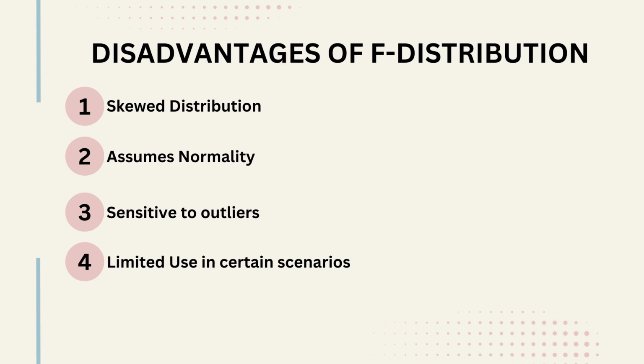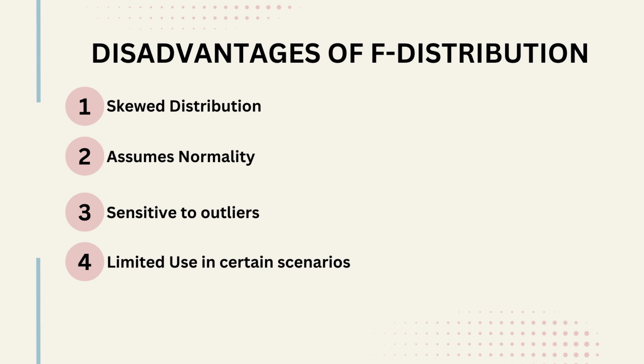There are some disadvantages to the F distribution. Skewed distribution: the F distribution is skewed, which can make interpretation difficult, especially for small sample sizes. Secondly, normality assumption. It assumes that the data follow a normal distribution, which may not always be the case in real world data.